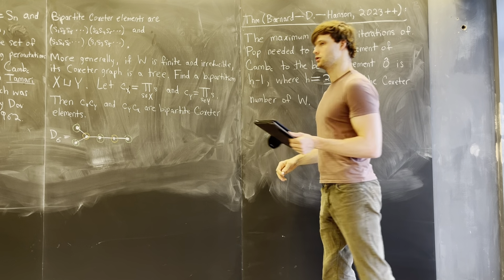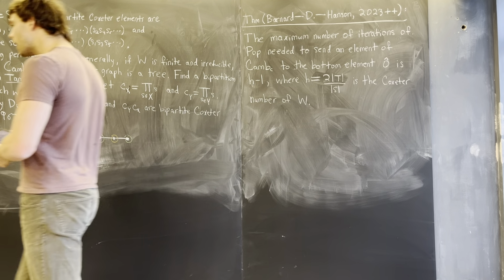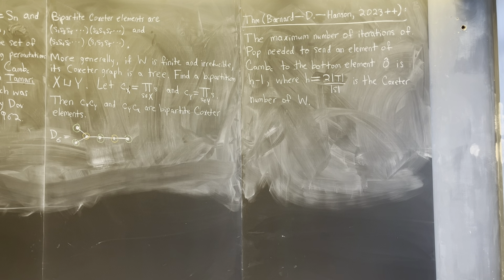Of W. So I think I mentioned before that if you look at the weak order on Sn, Unger proved that the maximum number of iterations of pop needed to go to the bottom is n-1, which is the Coxeter number minus 1 in the case of the weak order.